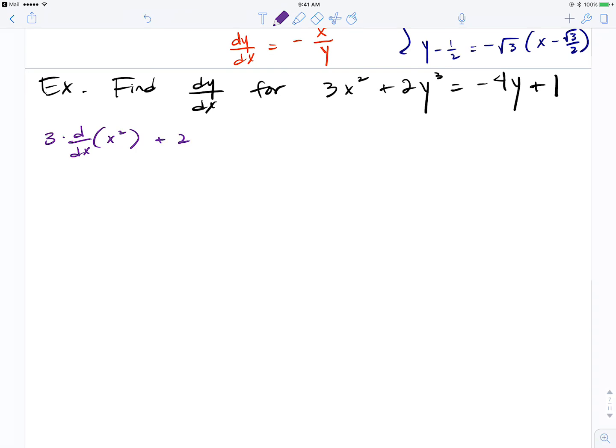Again, we can pull the 2 out front. You could leave it in. It gets a little tricky though. I like to just always pull the constant out because it gets a little tricky if you are having to use like product rule. It's sometimes easier to just pull that constant out, but it's preference.